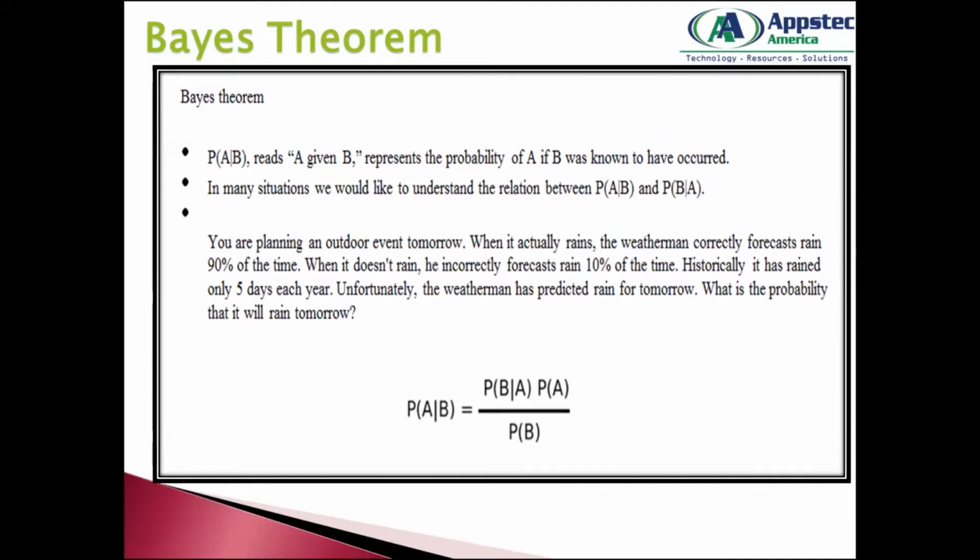Like, it is the round shape, it is the color, and it is the diameter, let's say 3 inches. So all these attributes independently contribute to identifying that the fruit you have shown me is an apple.